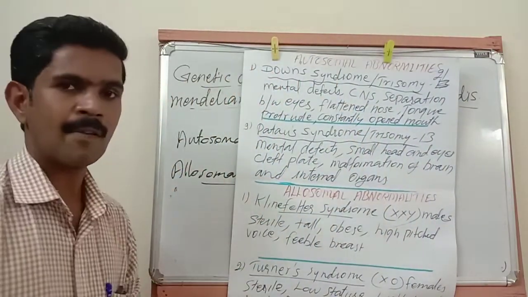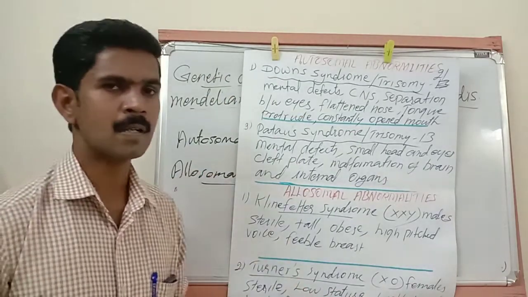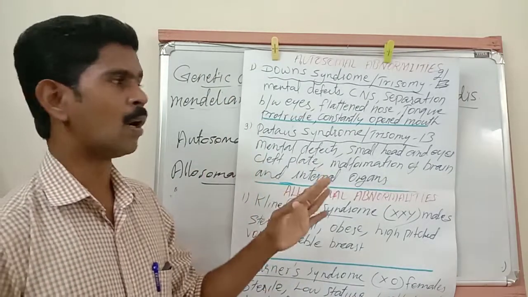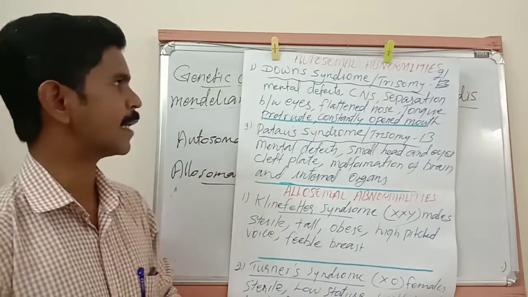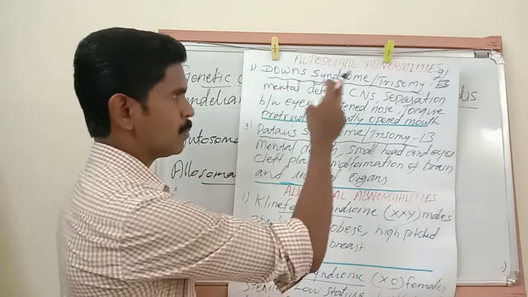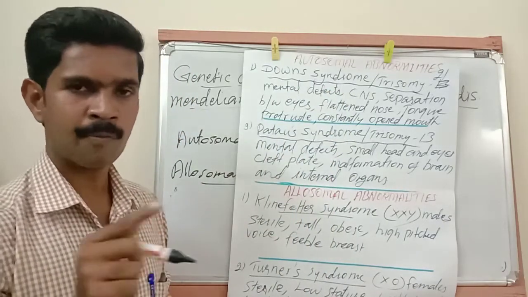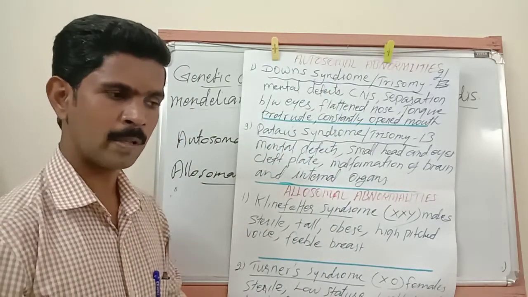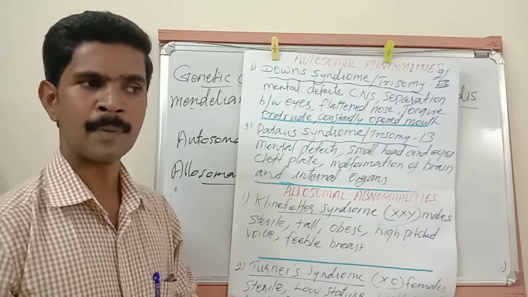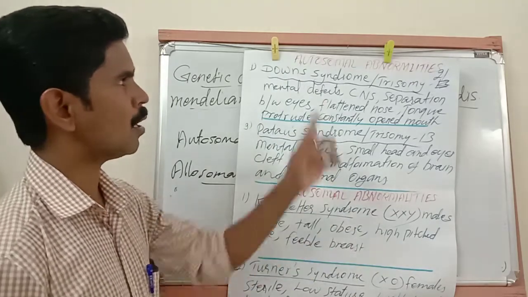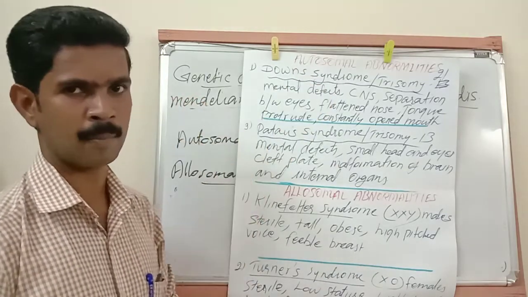See, in this chart I have written the symptoms of two autosomal abnormalities and two allosomal abnormalities. Listen very carefully. Autosomal abnormalities means, already told you, 44 chromosomes are called autosomes. So if any changes occur in the structure and number of these autosomes, it leads to autosomal disorders or autosomal abnormalities.